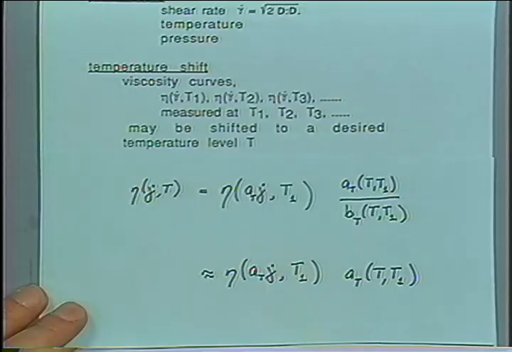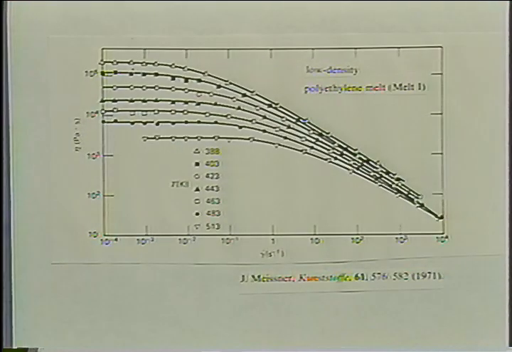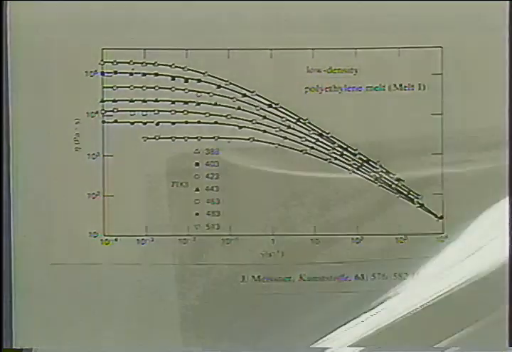Then we can shift our results, and I took some data from the literature. I have some nice graph here. This is taken from Meissner, publication in 1971 when he was at the BASF, the same Meissner who did the pioneering experiments in extensional flow.